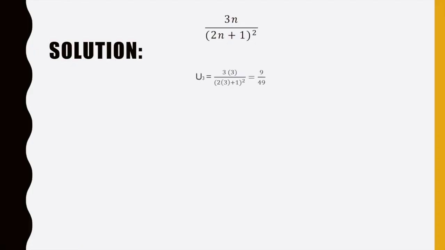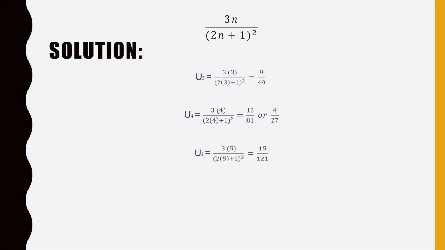Moving on to n equal 3, which gives us 3 times 3 over (2 times 3 plus 1) squared, which equals 9 over 49. For n equals 4, we get 3 times 4 over (2 times 4 plus 1) squared, which equals 12 over 81, or in simplified form, 4 over 27.